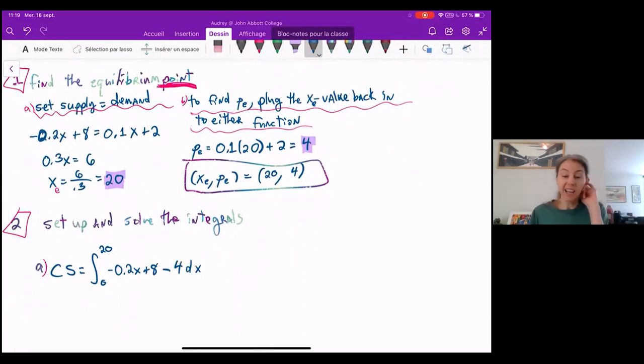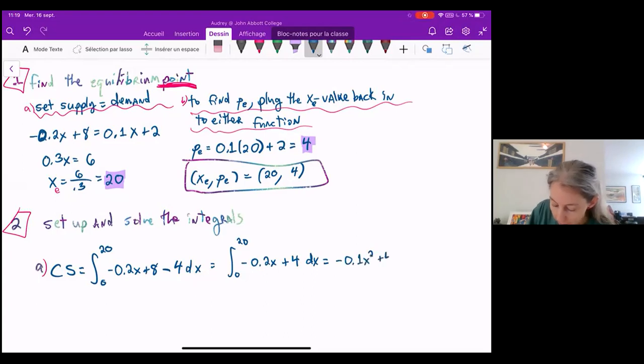Now to solve this thing, it's going to make sense for me to combine like terms first. So I'll have the integral from 0 to 20 of negative 0.2x plus 4 dx. Now I integrate or find the antiderivative, so that's going to be negative 0.1x squared plus 4x that I'm evaluating between 0 and 20.